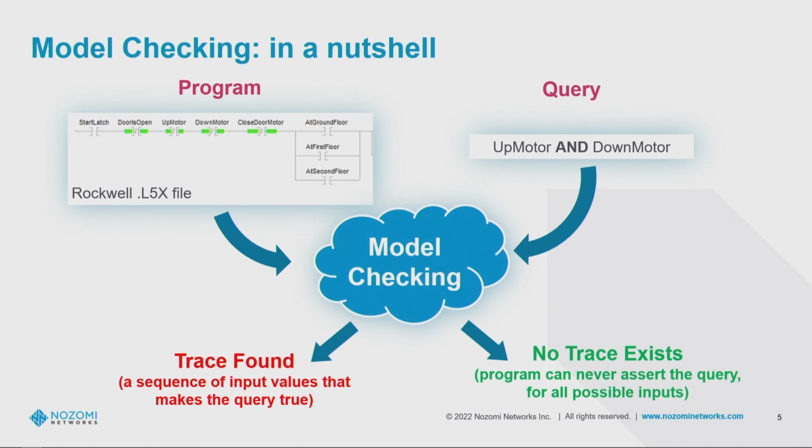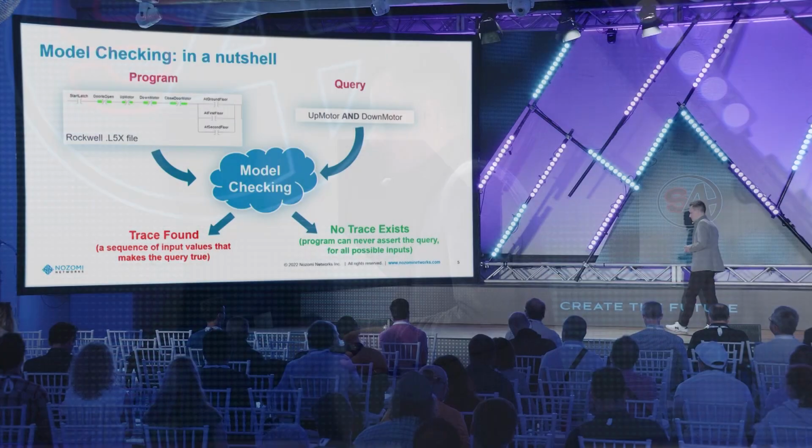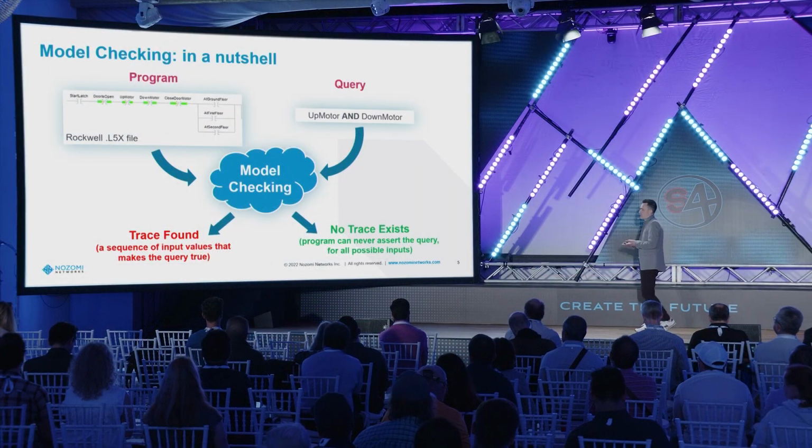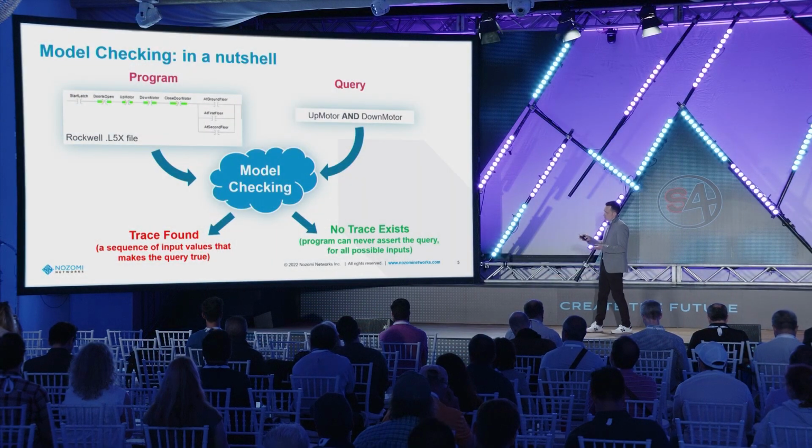A query is an expression that is made up of signals that are inside the program that we would like to verify. And the outcome of model checking can be either that it has found a trace. So a trace is a sequence of input values that if we were to replay on the original program, would get the program to satisfy the query.